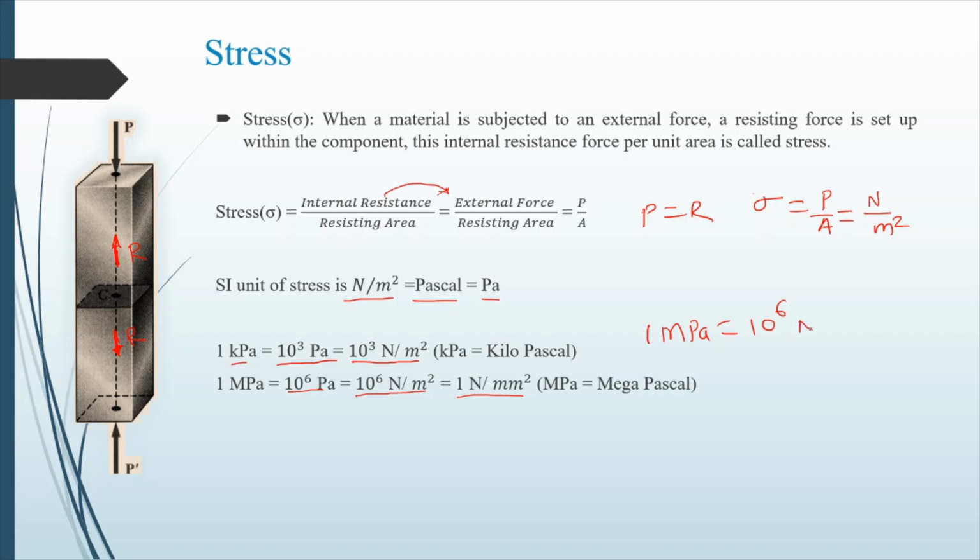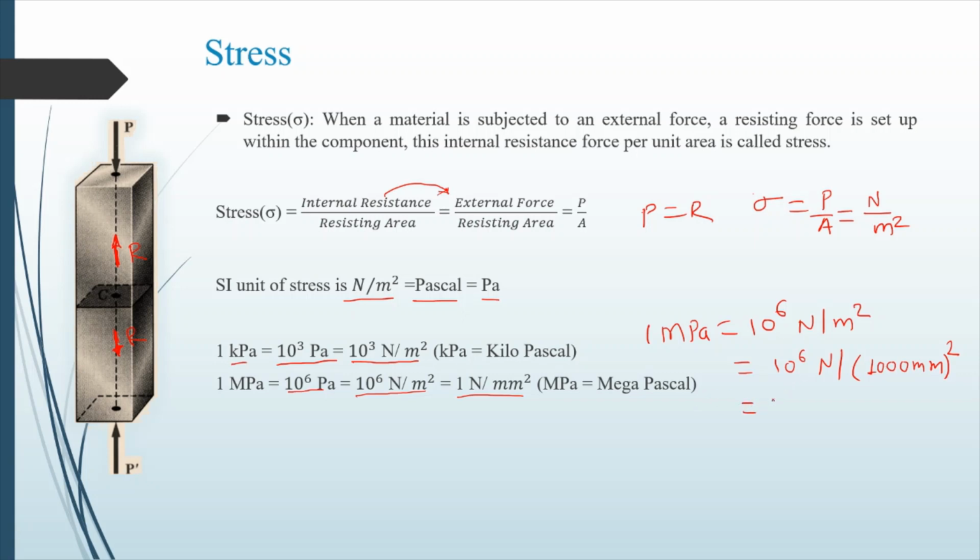We need to convert meter to mm. So I will write 10 raised to 6 as it is, Newton as it is, and 1 meter is equal to 1000 mm, squared.